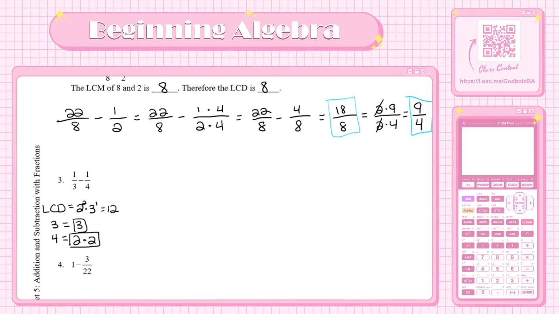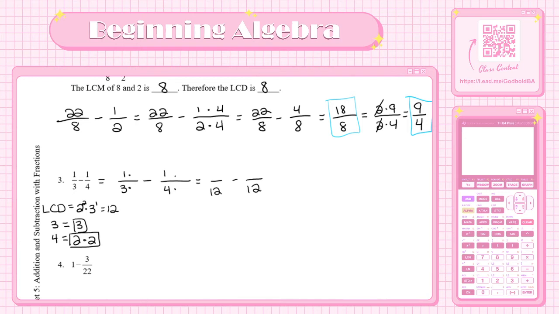Okay. So I need to take 1/3 and 1/4, and I need to multiply the top and the bottom of them both by some stuff, so they both end up with a denominator of 12.